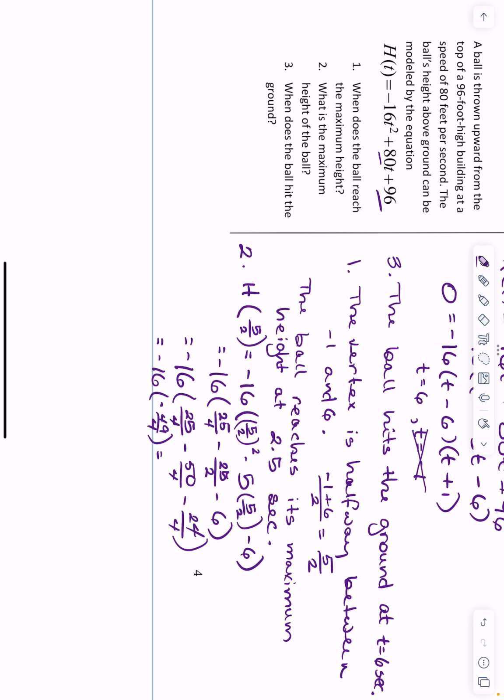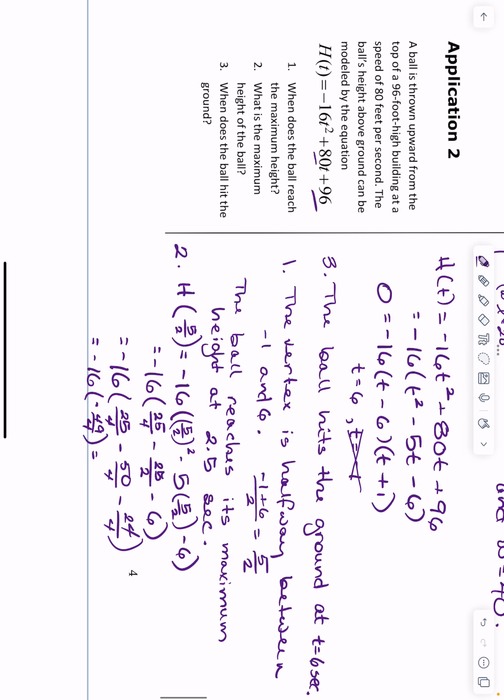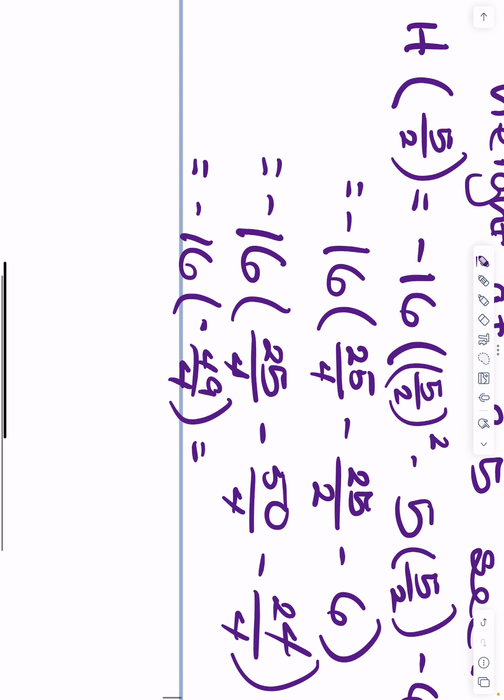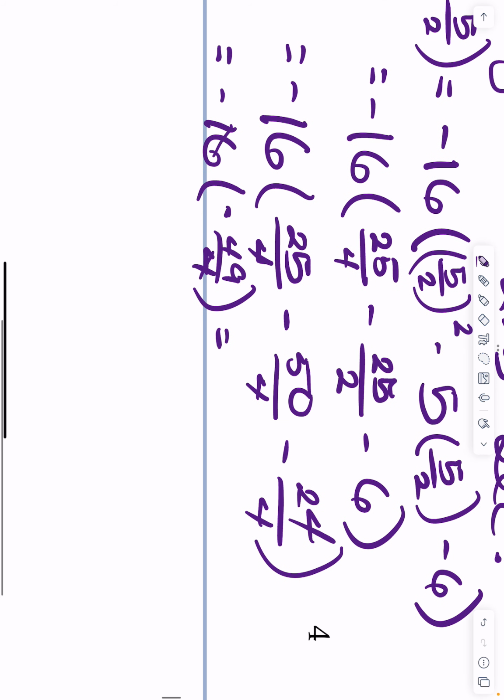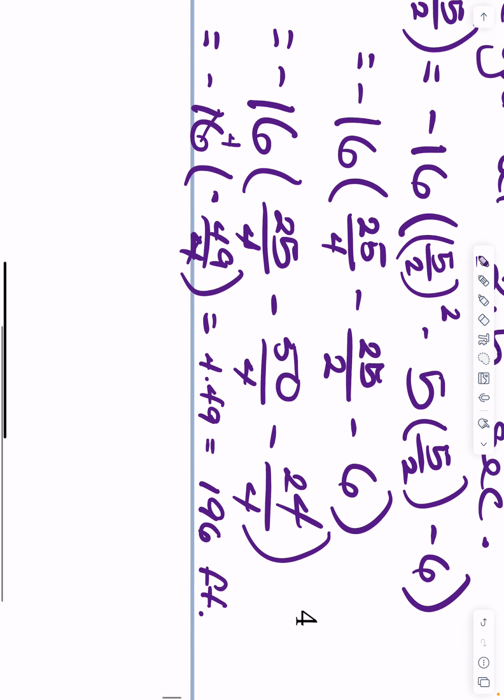Two negatives are going to make a positive for me, which makes sense. My maximum height should be positive. I'm going to cancel this 4 with one of the 4's here. So I got 4 times 49, which is 196 feet. This hits a maximum of 196 feet. And that's it.